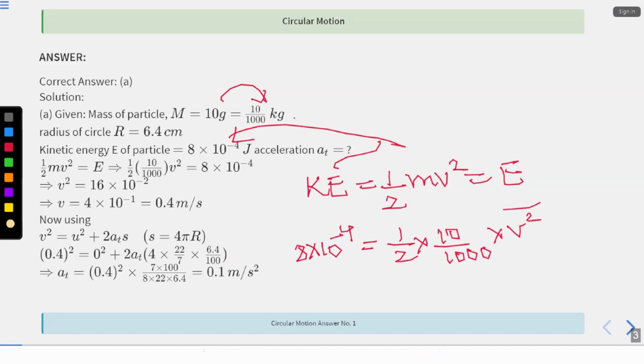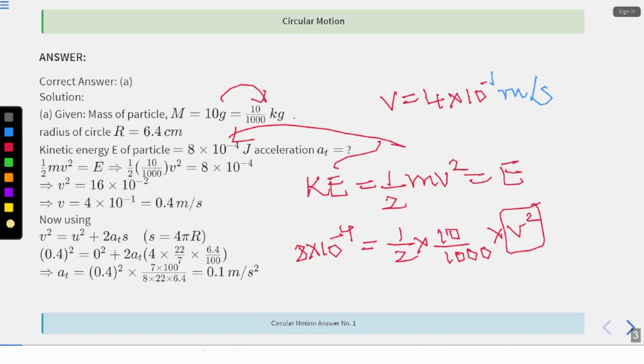So substituting the values and then calculating it, we get V is equal to 4 into 10 to the power minus 1 meter per second.